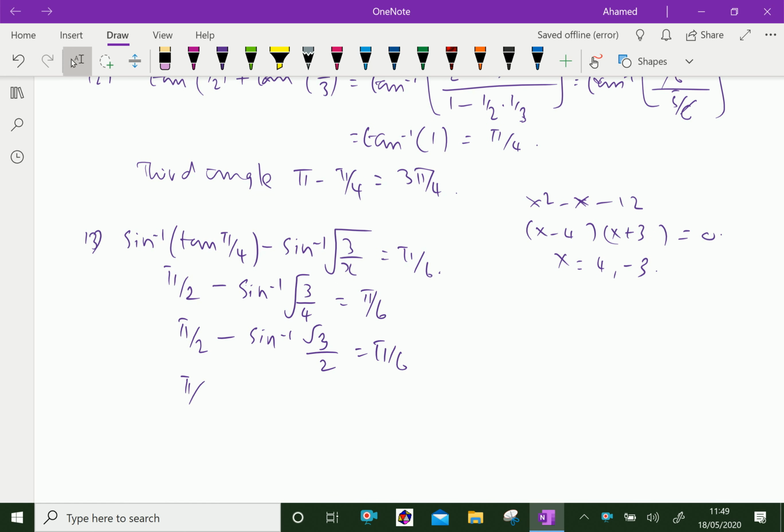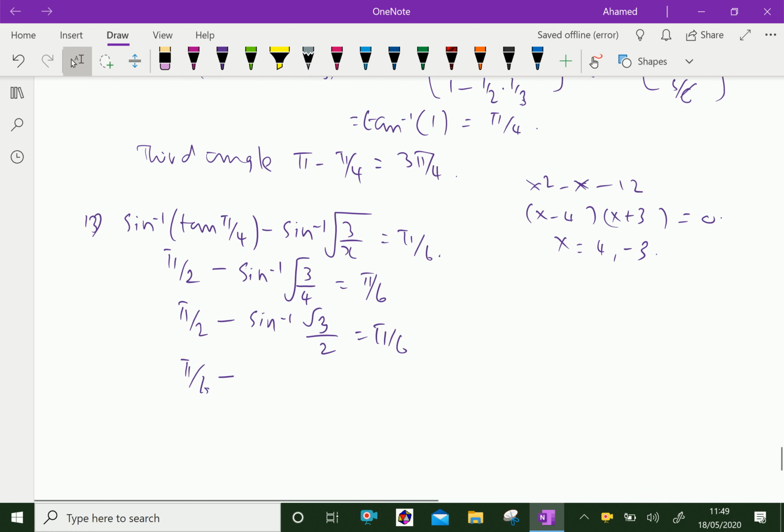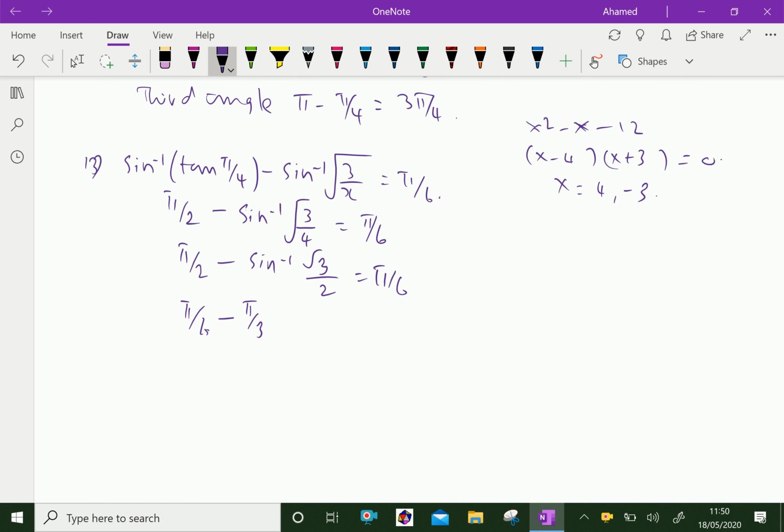Further, pi by 2 minus pi by 3 gives, with 6 as LCM, 3 pi minus 2 pi, which is equal to pi by 6, already given here.